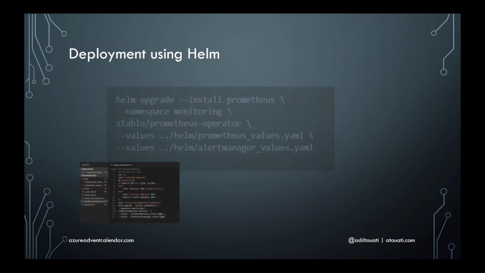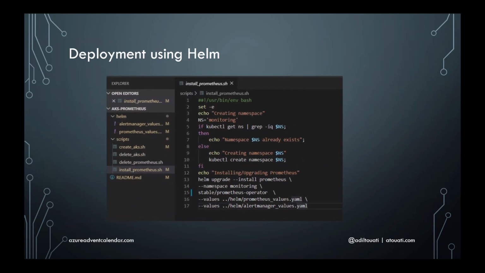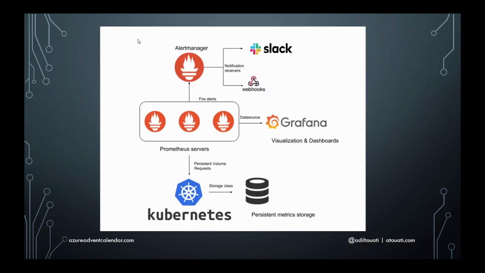Before going to this, there is something important that you need to know: the prerequisites for this video. I haven't talked about them. The first thing is basic knowledge of Kubernetes commands and components, so you can walk your way through what we'll be doing. Also, you need a working AKS cluster, so you can provision it using the create AKS script I will be providing in the AKS-Prometheus repo on my GitHub, which you have on the slides there.